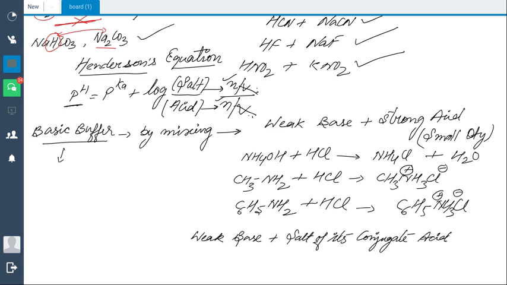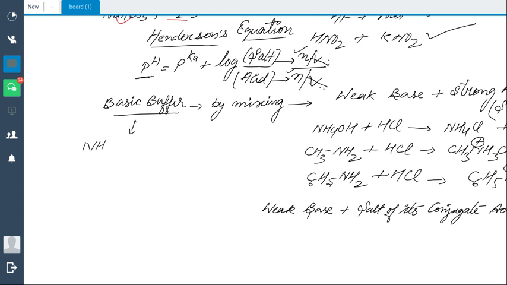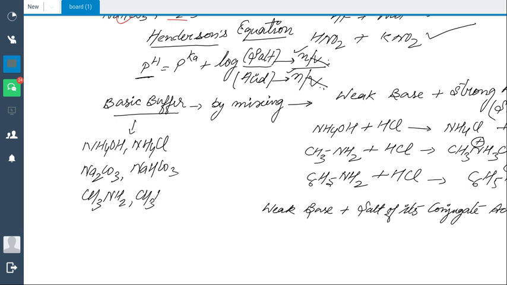Or you can say that it contains NH4OH and NH4Cl, or Na2CO3 and NaHCO3, CH3NH2 and CH3NH3 plus Cl minus, C6H5NH2 and C6H5NH3 plus Cl minus. Okay.